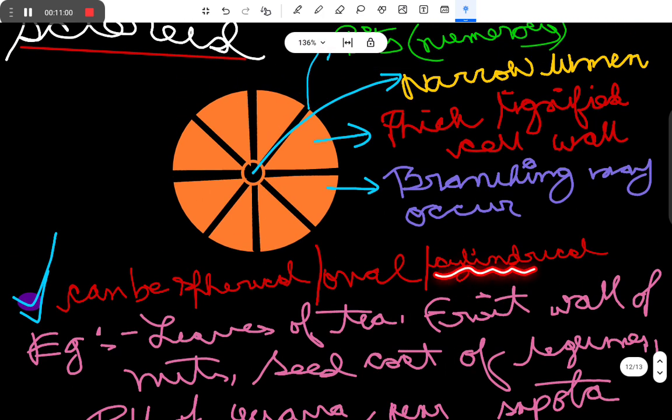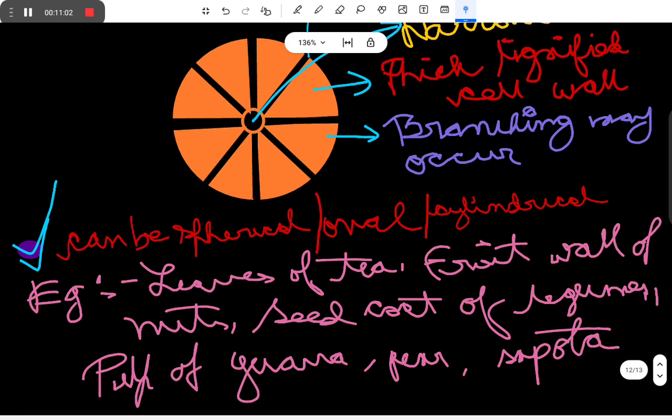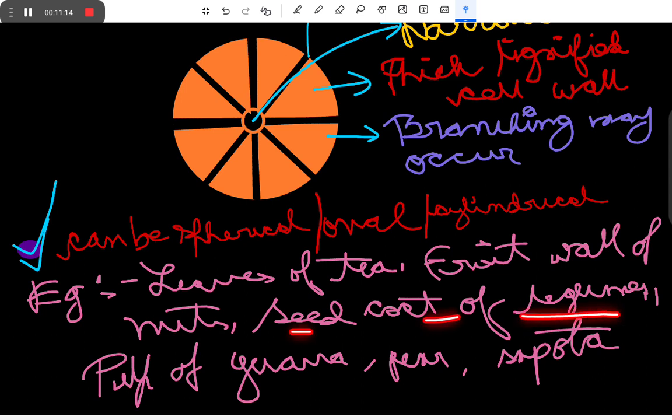Now, where is it found? For example, leaves of tea, the fruit wall of nuts, the seed coat of legumes, like pea and all that, and the pulp or mesocarp, as you eat, of guava, pear and sapota.